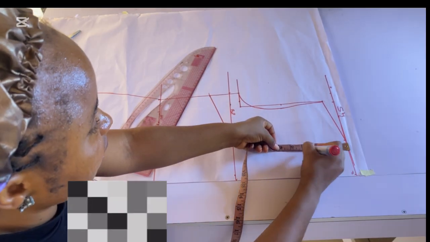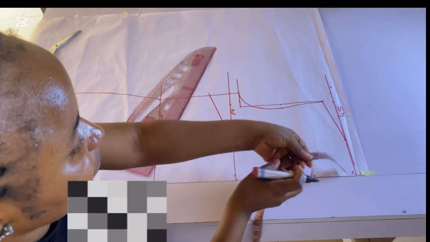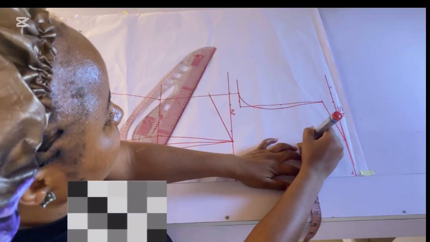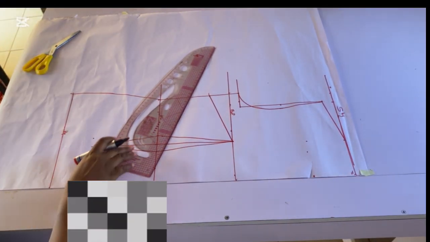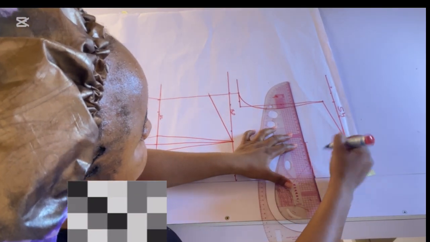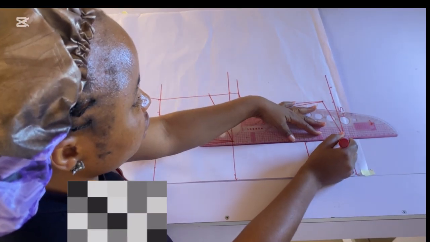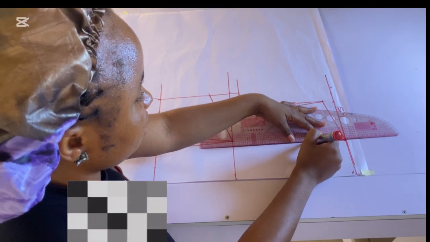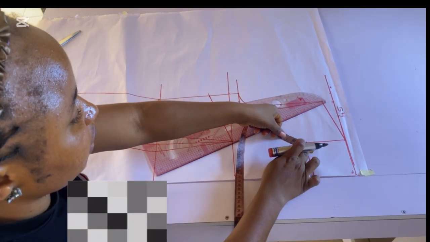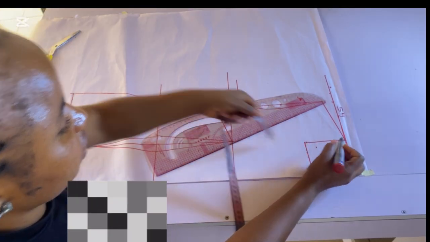The next thing for me to do is to take my neck depth. And for my neck depth, I'll be using a round neckline. So I'll go ahead and mark 3.5 inches for my neck depth, and I'll give it a square shape. I mark 3.5 inches for the depth and also mark 3.5 inches on all sides in order for me to have a square shape before converting it to a round neckline.